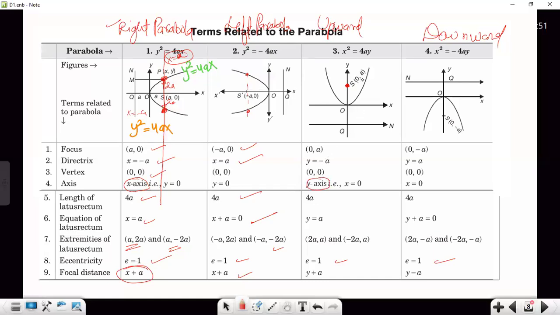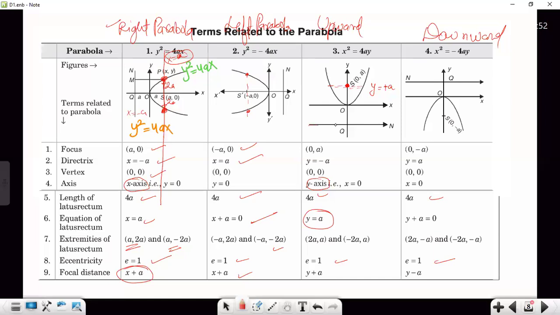So the x coordinate becomes 0, and the y coordinate becomes positive a. The length remains 4a every time. The equation of the latus rectum changes to y is equal to plus a.